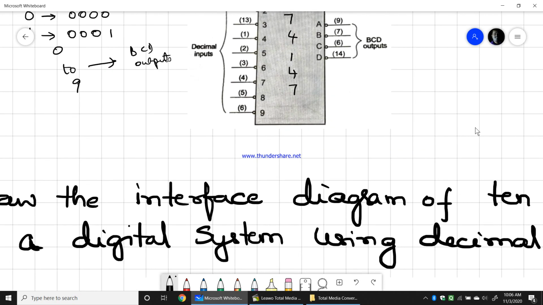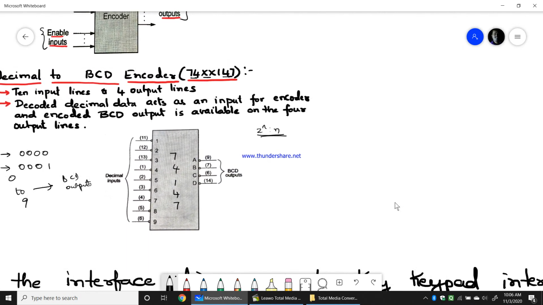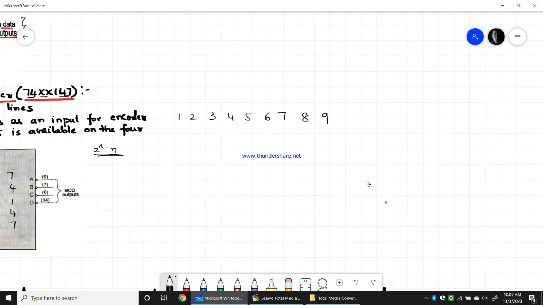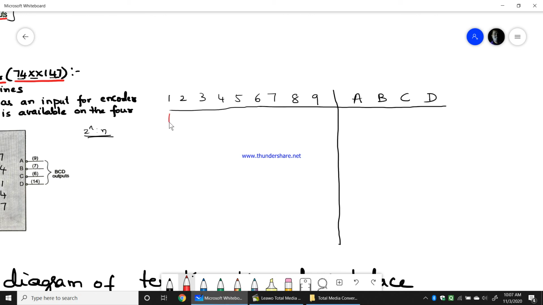Now if I look into the truth table for this, we'll have 1, 2, 3, 4, 5, 6, 7, 8, 9 as the inputs, whereas output will be A, B, C, D. So here, if one is 1 and others are 0, the BCD output would be equal to what?